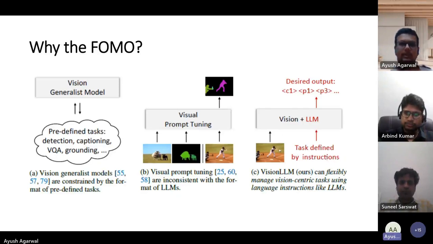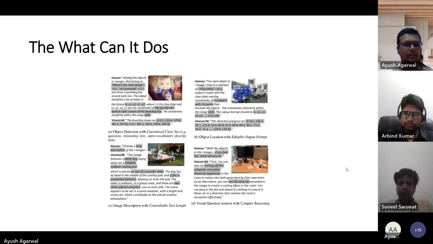In this, what we do is give it an input image. We define the task by natural language, and there would be a desired output that is actually defined by the task that we give it. So this is quite flexible, and follows natural language instructions just like an LLM.